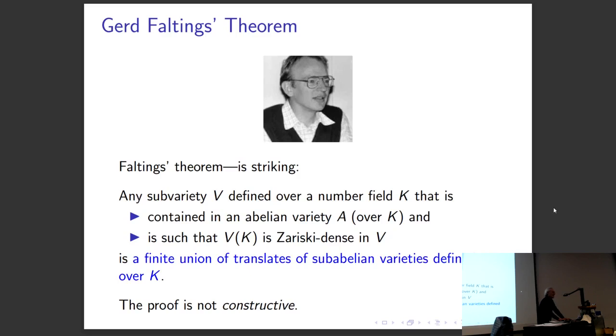It doesn't simply say that a curve over a number field has a finite number of points. Thinking of the curve in its Jacobian, it goes on to ask the more general question: what if you have a variety defined over a number field that's contained in any Abelian variety, not just a Jacobian, over that number field?